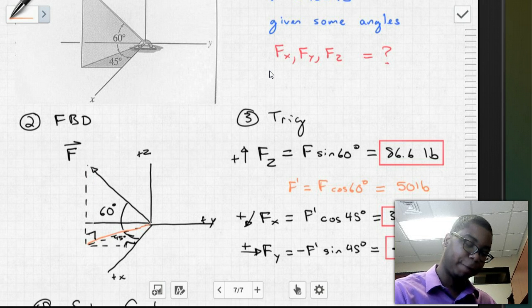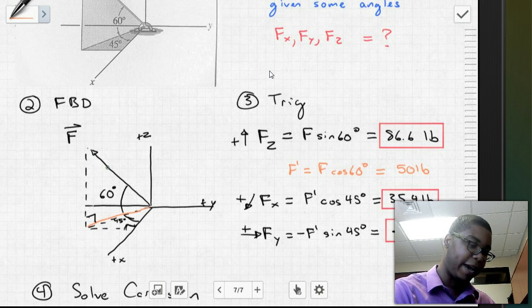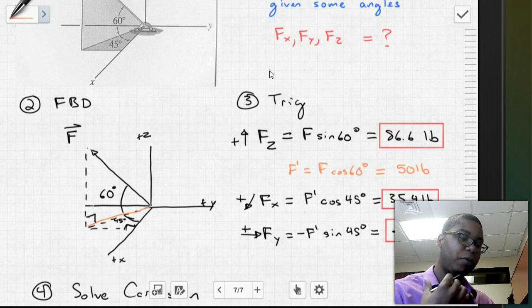So now that we have this, let's go ahead and try to apply some basic trig, the law of sines, law of cosines, in order to solve for some of the components of this vector. The first thing we can do is try to find the component in the z direction.